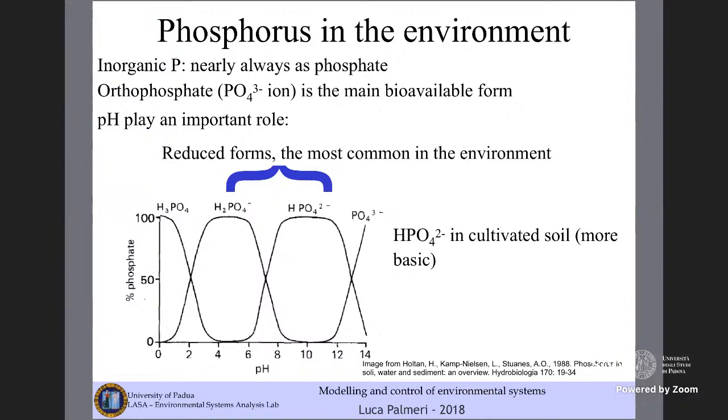This graph describes the percent of phosphates in the various forms depending on the pH. So, depending on the pH, you will find your phosphorus in different ionic forms, either H2PO4 minus, or HPO4 2 minus, or PO4 3 minus, and so on. Typically, in cultivated soil that is more basic, you will find phosphorus in the HPO4 2 minus form.